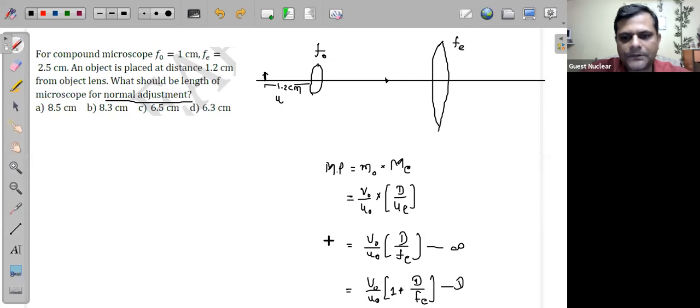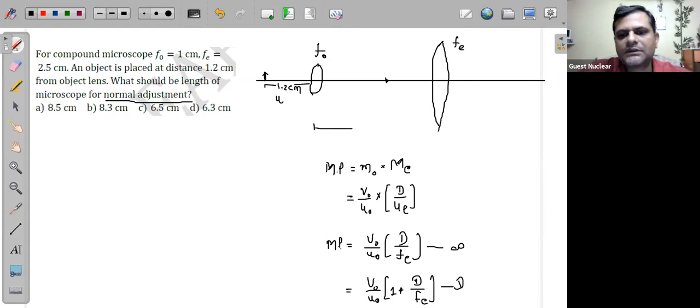Okay, तो ये तो हमको पता है कि this is going to be the case finally. ठीक है 2.5, जिससे हम ME तो निकाल सकते हैं। We want to find out the length of the microscope actually.